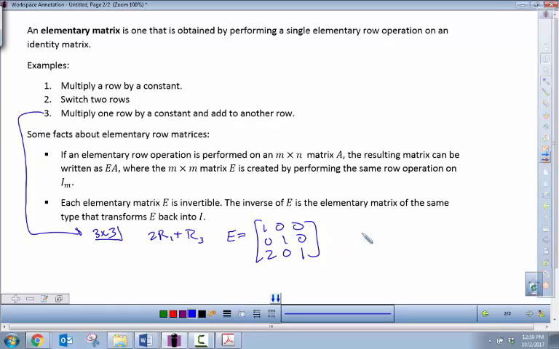But I was interested in this last bullet point over here. Each elementary matrix is invertible, and the inverse is the matrix of the same type of transformation.